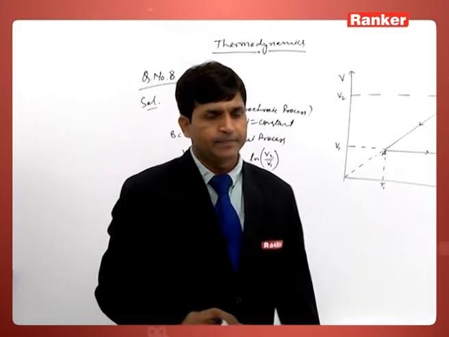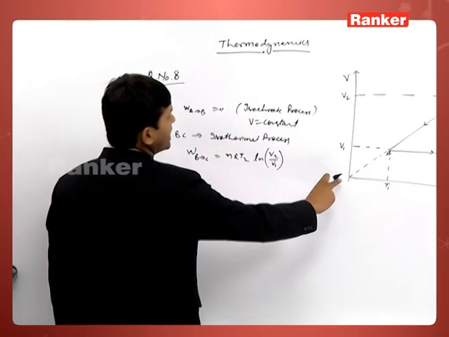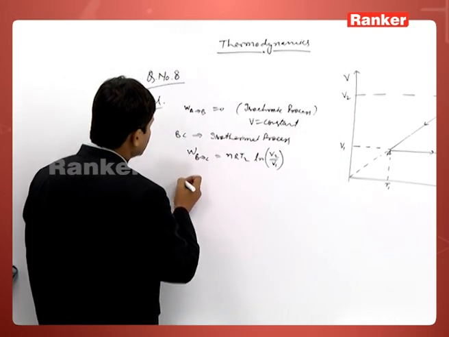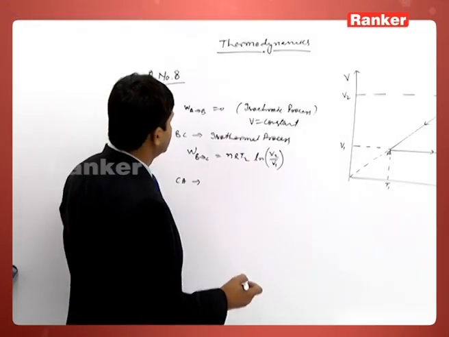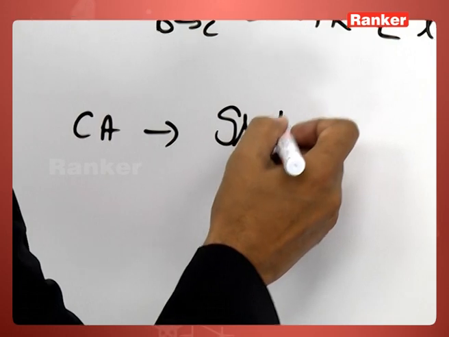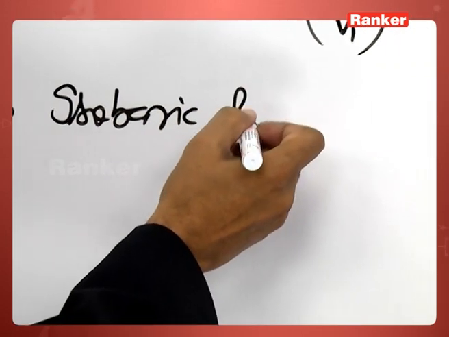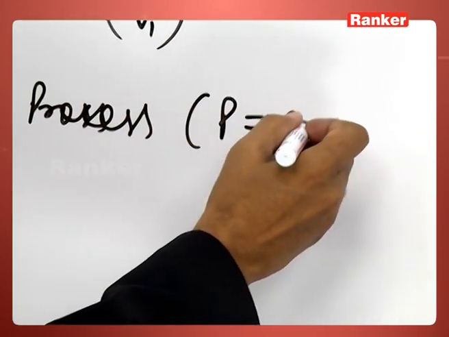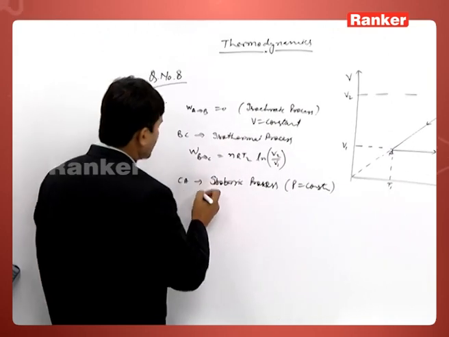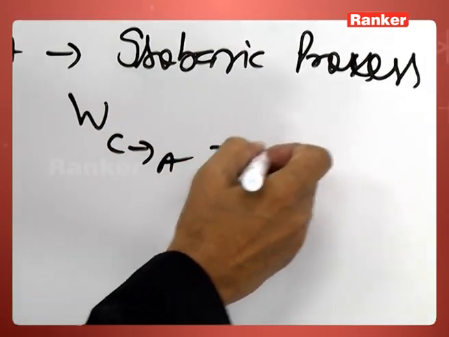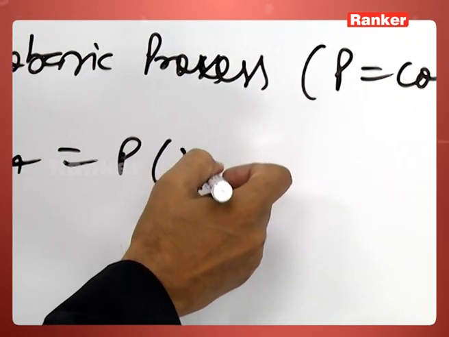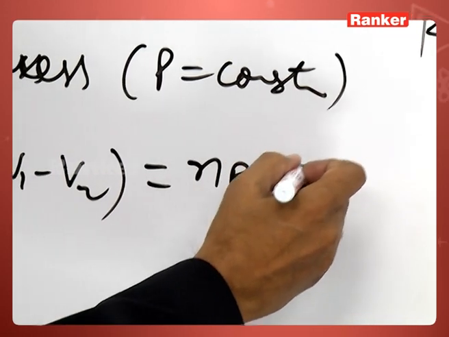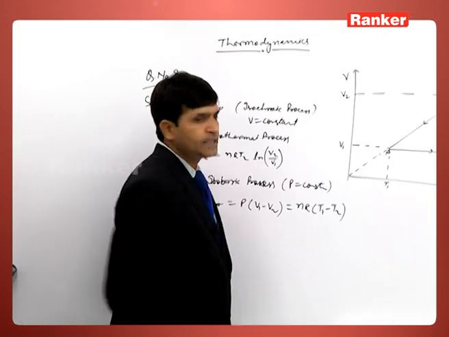And C to A, a straight line passing through the origin. V is proportional to T, so that is an isobaric process. Isobaric process means pressure is constant. So work done in C to A is P(V1 minus V2), that is also written as nR(T1 minus T2).